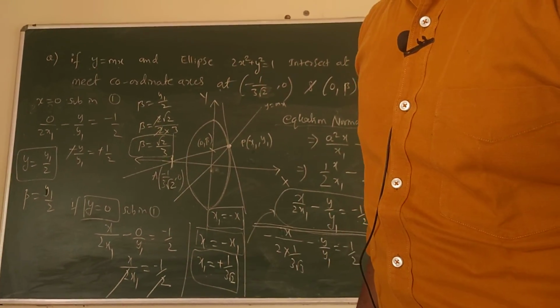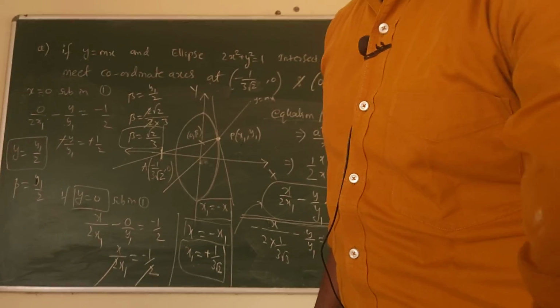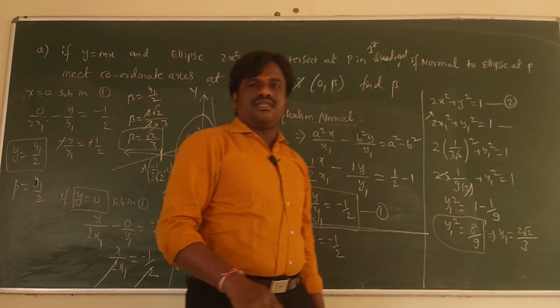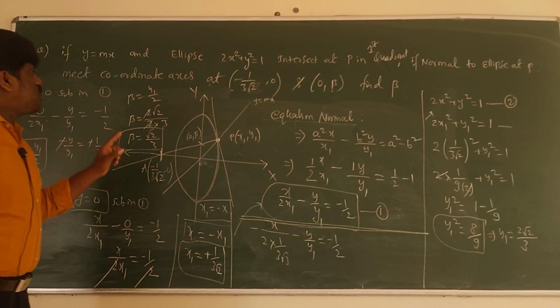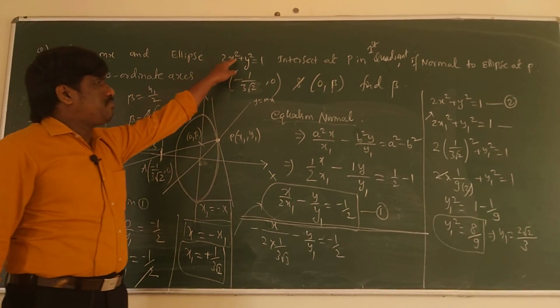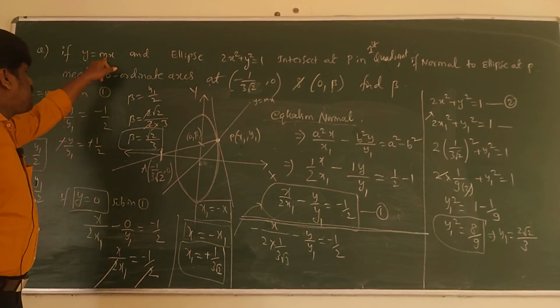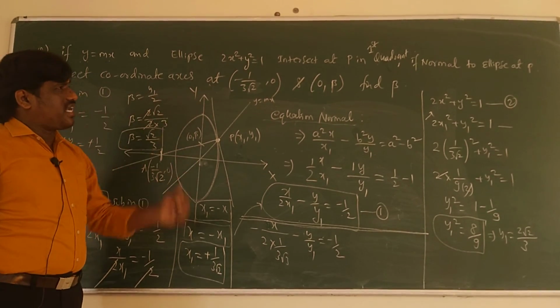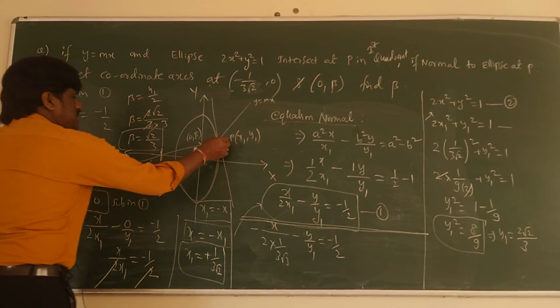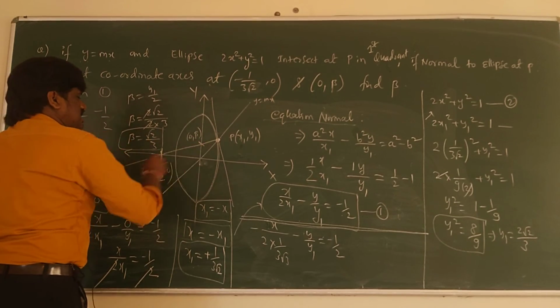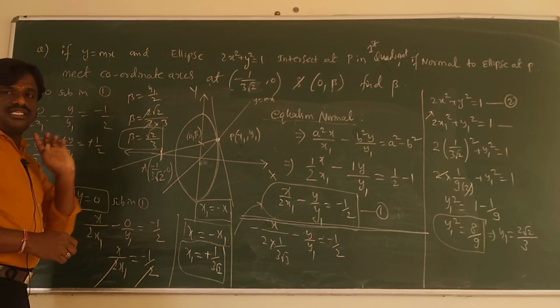I will explain again to make you understand. Okay, everyone, listen to me. First the question was this: y is equal to mx, and this is a parabola, ellipse, and a line intersecting in the first quadrant, and the normal to the ellipse is intersecting the coordinate axes, x-axis and y-axis, at this point.